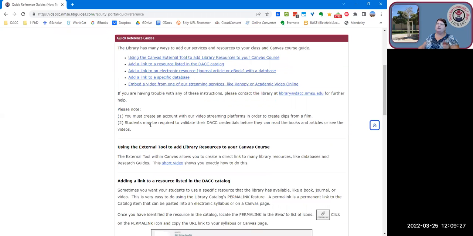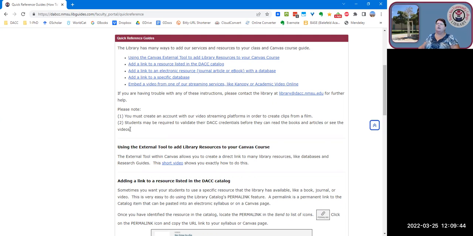The thing I must point out is that if you're going to add a video, and we have 2 video streaming platforms that you can attach, embed into your Canvas courses, you do need to have an account for that.